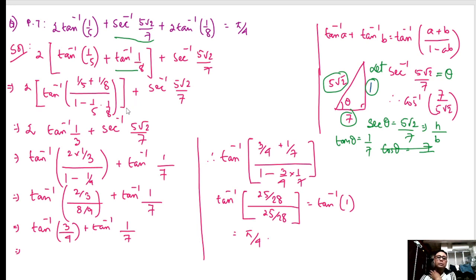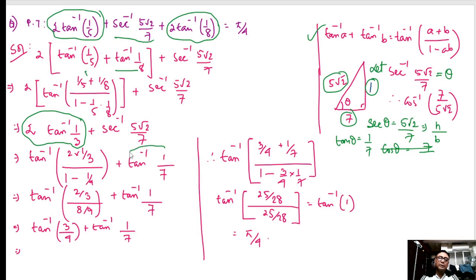So now from these two, please watch, we are taking a 2 common and using the formula tan inverse a plus tan inverse b equal to tan inverse of a plus b by 1 minus ab. Solving it, we get this, and it was sec inverse 5 root 2 by 7, which is coming tan inverse 1 by 7.